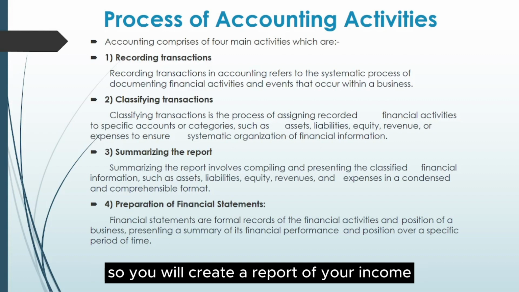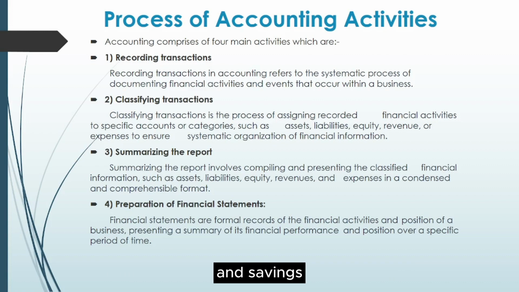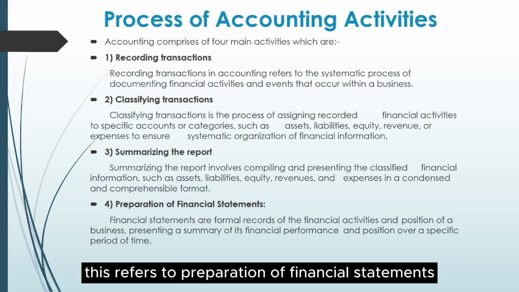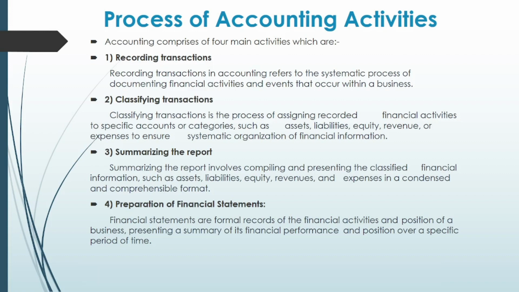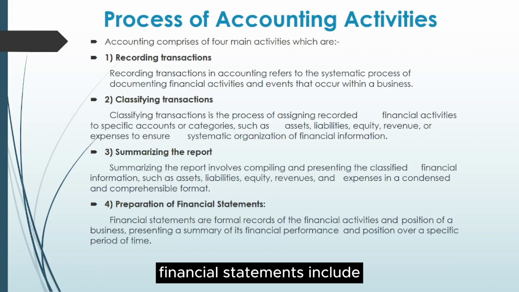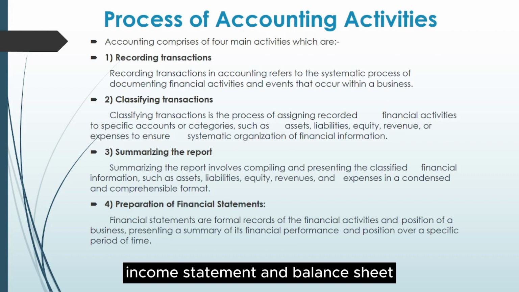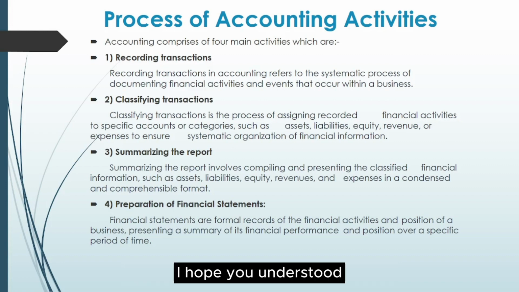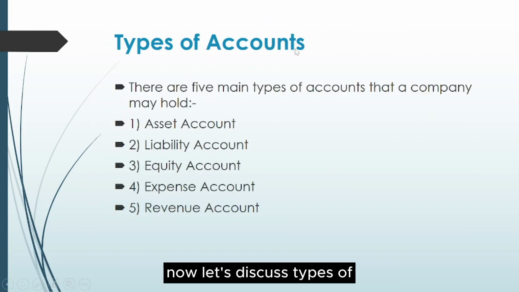So you will create a report of your income, expenditure and savings. In accounting, this refers to preparation of financial statements. In accounting, financial statements include income statement and balance sheet. I hope you understood.